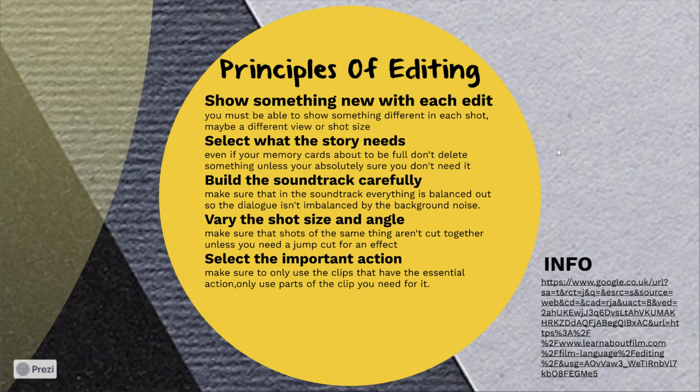Building the soundtrack carefully is when the music is overtaking the dialogue so that you can't hear what the character is trying to say when the music is playing. Varying the shot size and angle. Make sure that you don't have two clips of the same thing together unless you need to use it for a jump cut. And selecting the important action is when you find specific scenes in a take and use that and discard the rest.